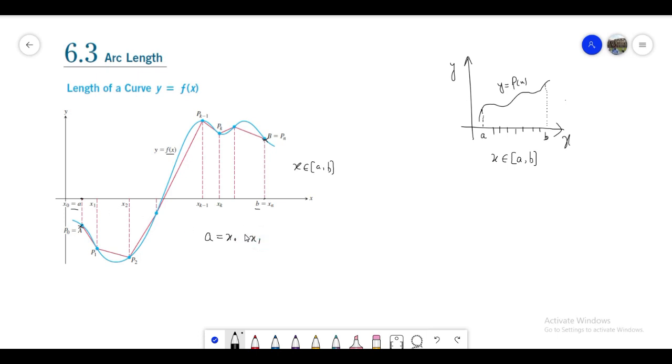Of course x1 is larger than or equal to x naught, x2 is larger than or equal to x1, x3 is larger than or equal to x2, and this goes on up to x n minus 1 and x n, which is equal to b.